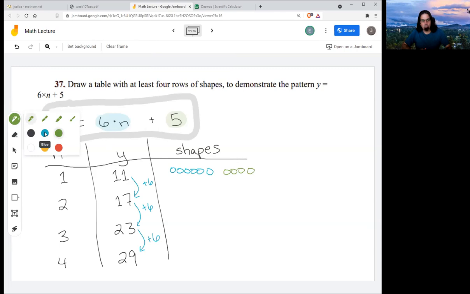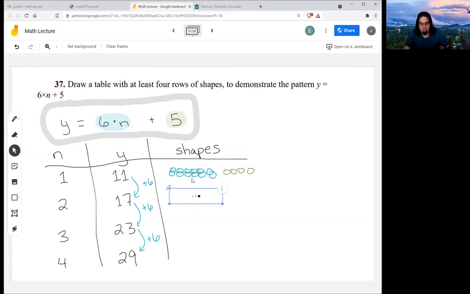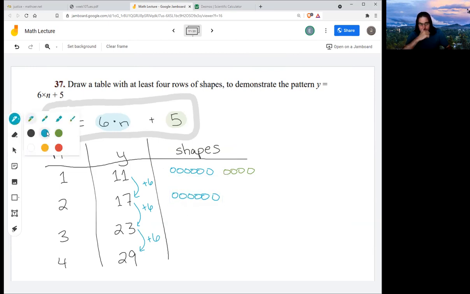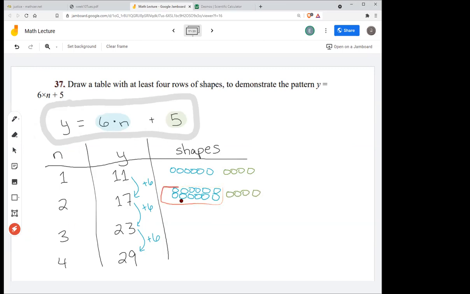For my 17 shapes, I'm going to take my 6 circles and do them twice. They don't play nice together. Oh well. I'll have to actually draw. And then I can put my green ones back. Is that hopefully clear? Am I missing a circle on the green?